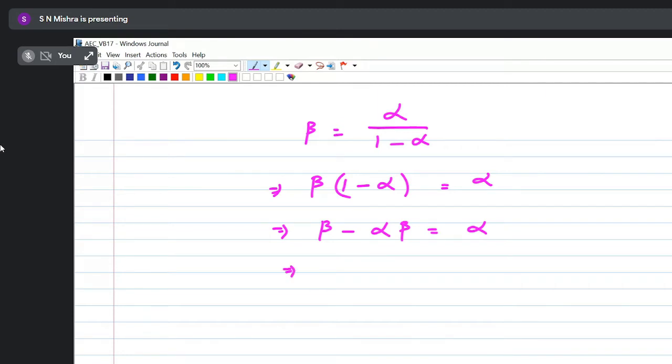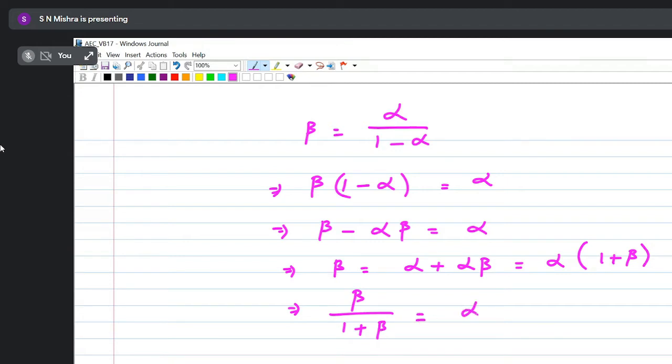Then you take alpha to one side, so beta equals alpha plus alpha beta. Taking alpha common, I get 1 plus beta. So beta by 1 plus beta equals alpha. In this way, we have converted alpha in terms of beta and beta in terms of alpha.